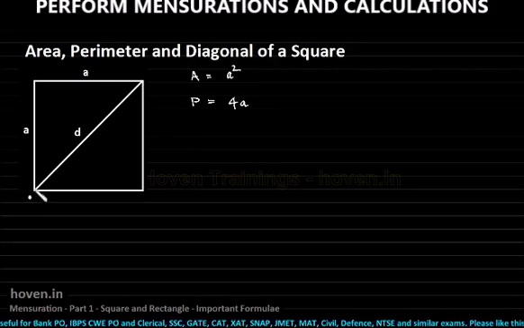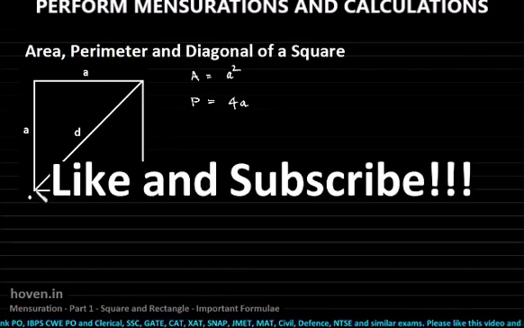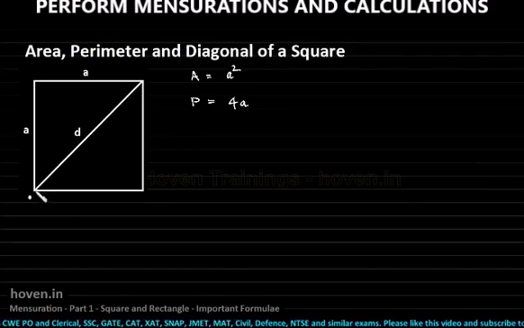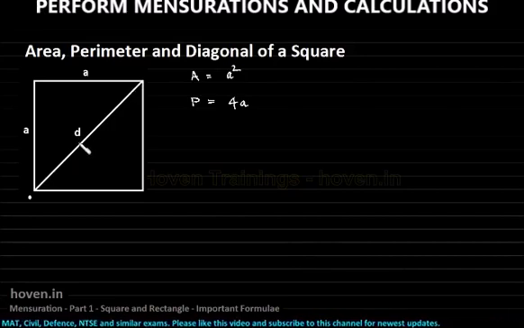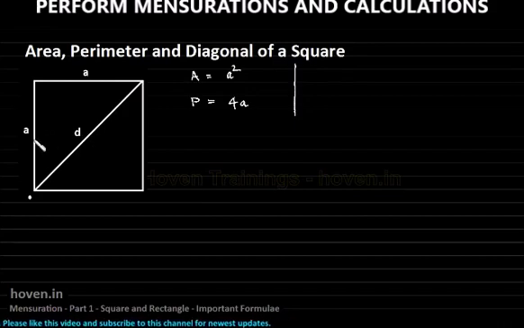Similarly, there is a diagonal of the square. The line joining the opposite corners of a square is called the diagonal. So in this case, this is the diagonal and the length of this diagonal can be labeled as D. We know from Pythagoras theorem that D square will be equal to A square plus A square because this is a right angled triangle.